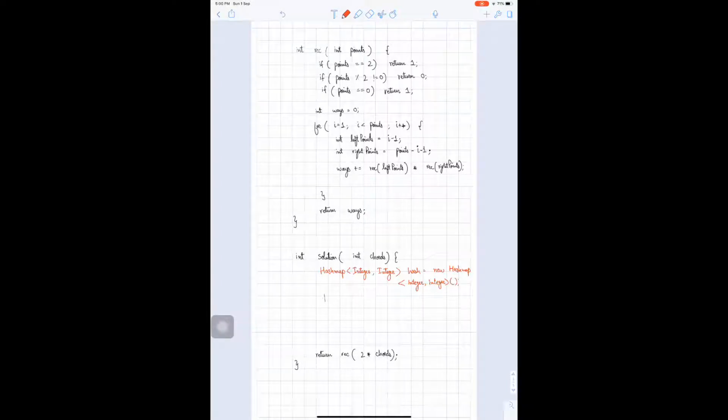Now we can directly add our base cases in this map. Hash dot put, what is our base case? 2 is 1, then for 2 points the solution is 1, for 0 points the solution is 1. Suppose that we don't need these two values.